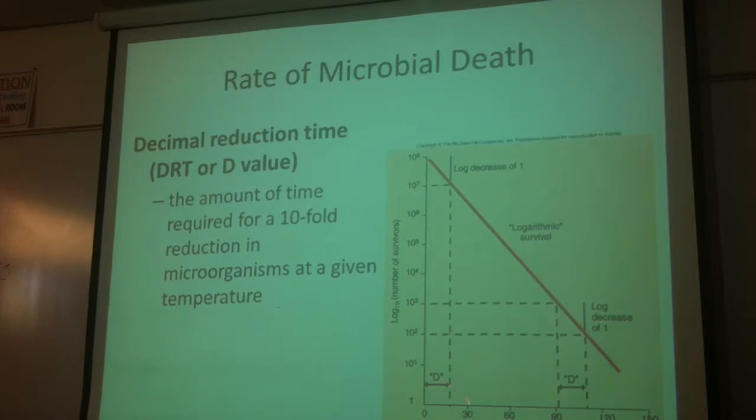You put it in there 5 minutes, 10 minutes, 15 minutes, so you can see how far down you got. You didn't necessarily go all the way to where you could kill everything, because you're at 70 degrees, so different temperatures. You have to look and see how that changes things. It's all based on temperature and the microbe you're using. So what is the amount of time required for this 10-fold reduction?